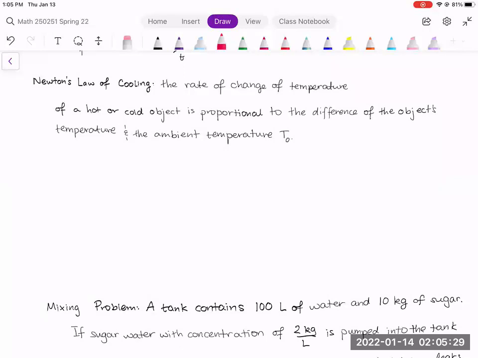Let's think about our variables. We have T of t, which is going to be the temperature of our object. And we have time.